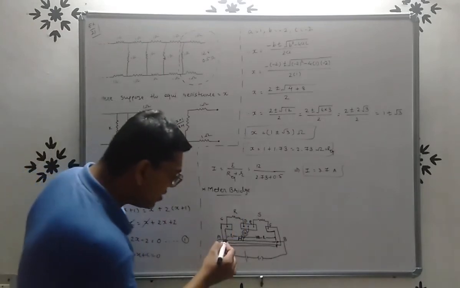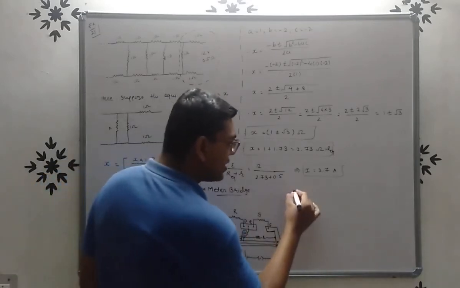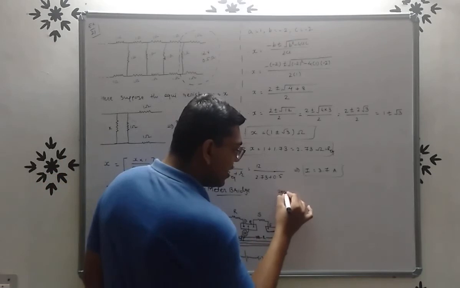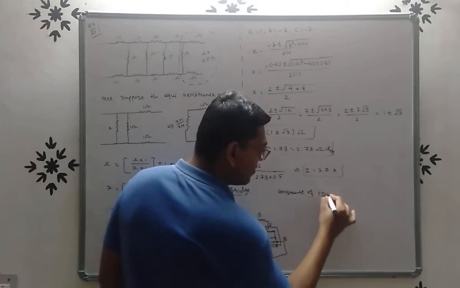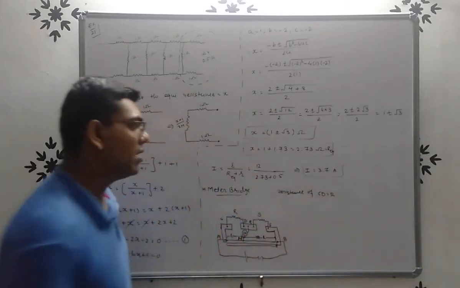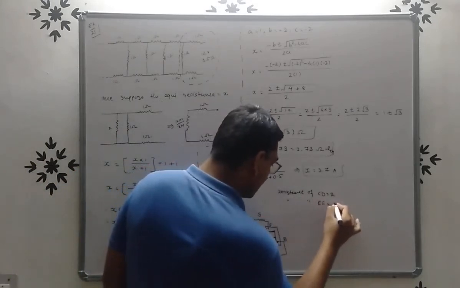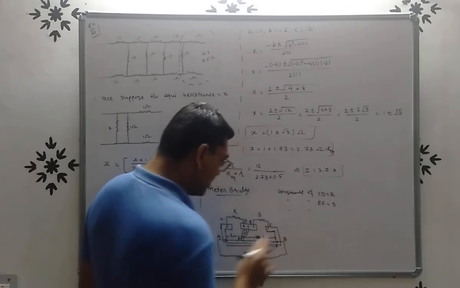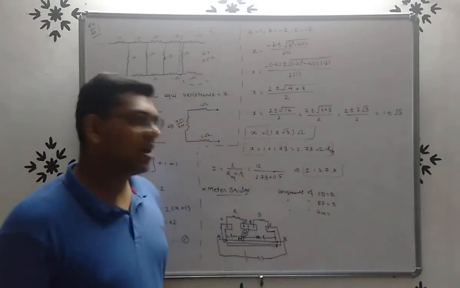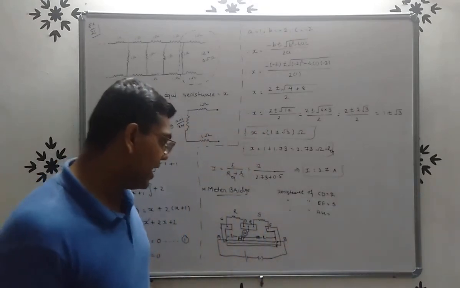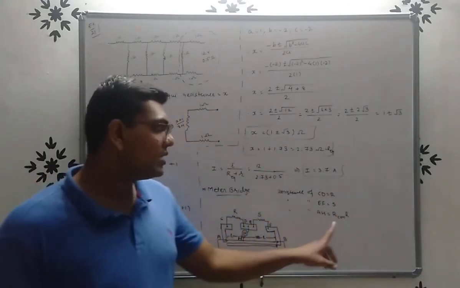Now here the first resistor is CD, and the resistance of CD is equal to R. Then resistance of EF is S. Then resistance of wire AH is equal to RCM into L. Here what is RCM?